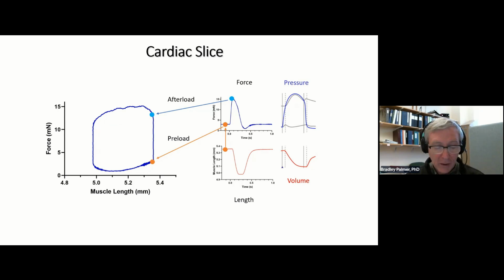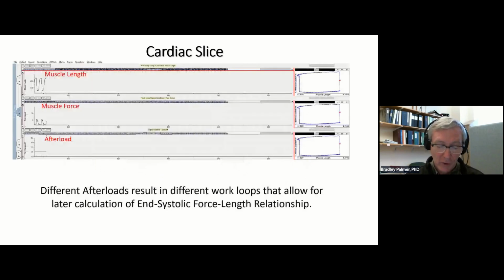But we can also collect data with a change in afterload. So I'm going to show you another video here where you'll see the data collected over different afterloads. And instead of sarcomere length, you'll see afterload in the bottom trace. And you'll also see the work loops generated in real time.